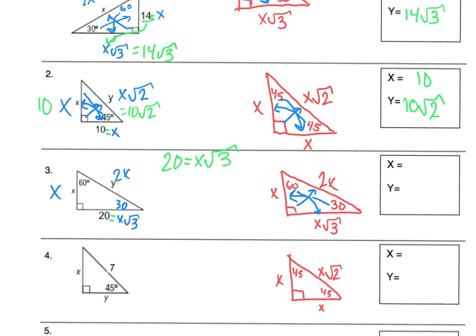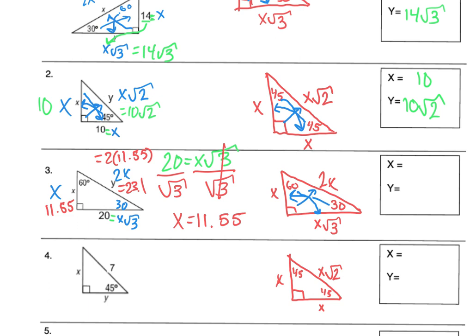Now to get the x by itself, you're going to divide both sides by the radical 3. Whatever you do to one side, do to the other, and we end up getting x equals 11.55. So this side here is 11.55, and this side up here would be 2 times 11.55, which gives us 23.1.